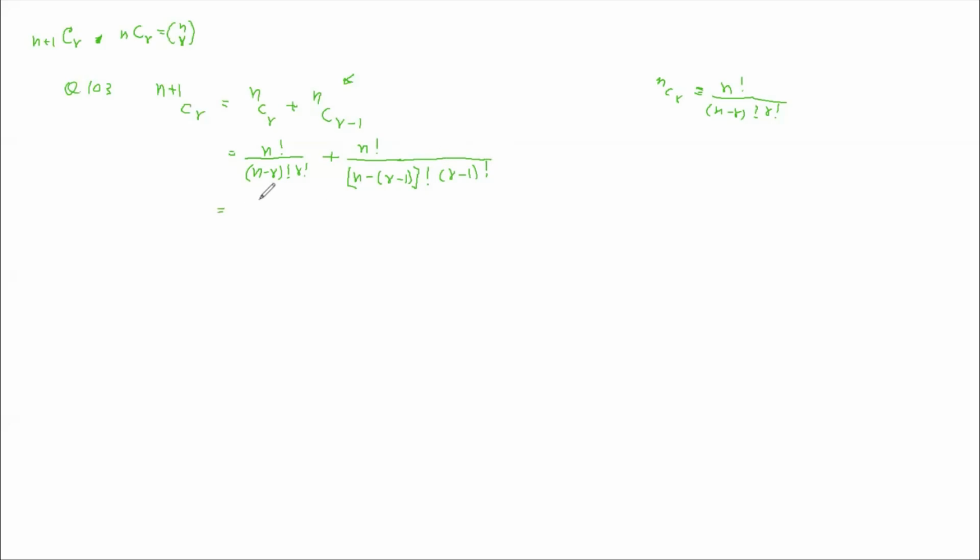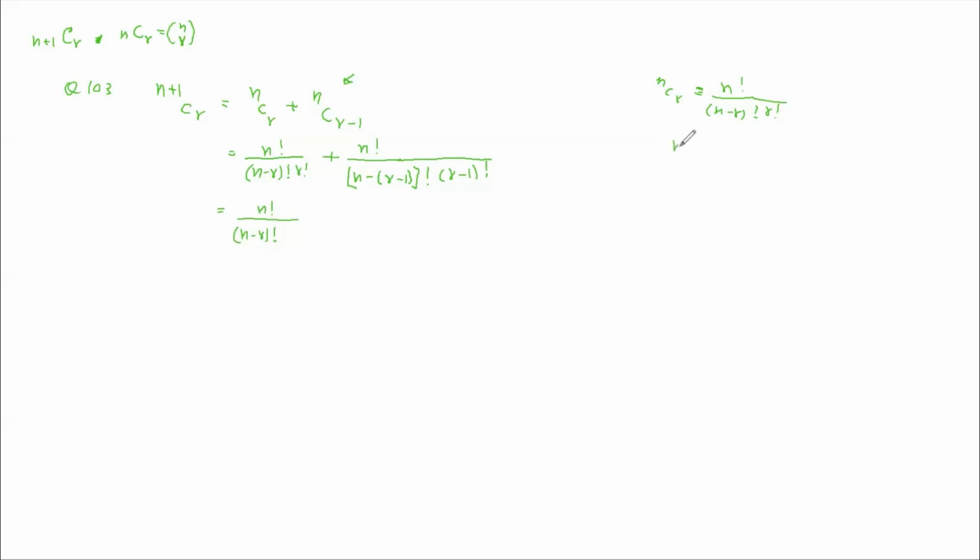Then we try to find this one. We can simplify this one first. I will keep this, so this one is going to be n factorial over (n minus r) factorial. And I will expand this one. I can expand r factorial to be r times (r minus 1) factorial.